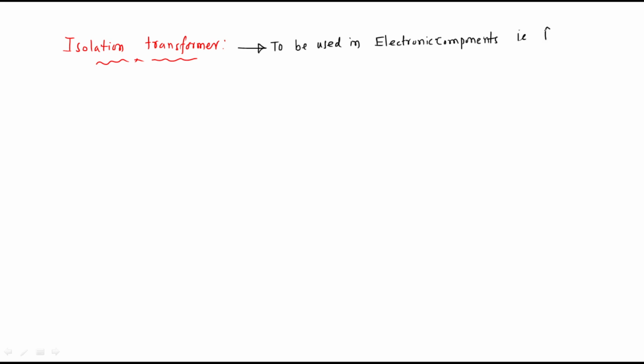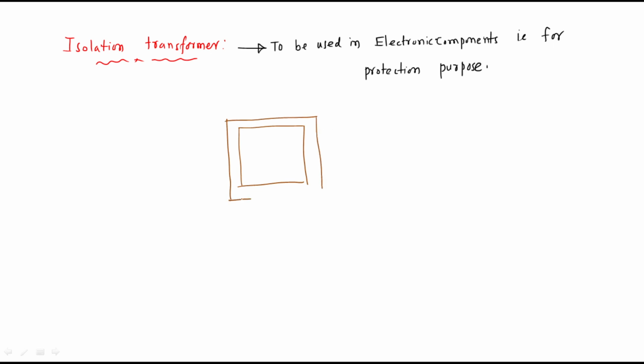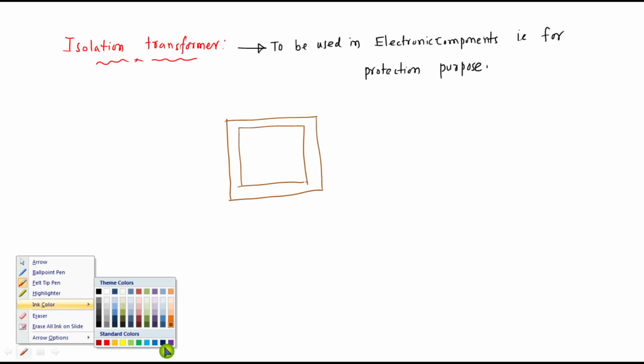That is, for protection purpose we can use it. So we can use isolation transformer for protection purpose. Then what is isolation transformer? By looking at the diagram you can say whether it is step up transformer, step down transformer or isolation transformer.